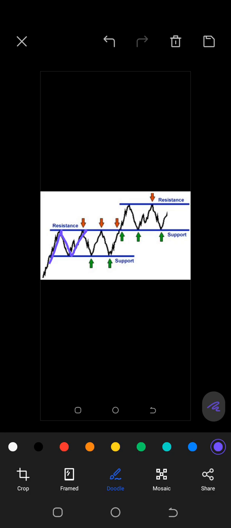The resistance level is a price point on the chart where traders expect maximum supply, meaning they are anticipating a sell. You see, when the price goes up high, it will just retrace and you see it coming down. It's like a bounce on the ceiling: you throw the ball and it bounces on the ceiling and comes all the way down. So basically that's how the resistance works.